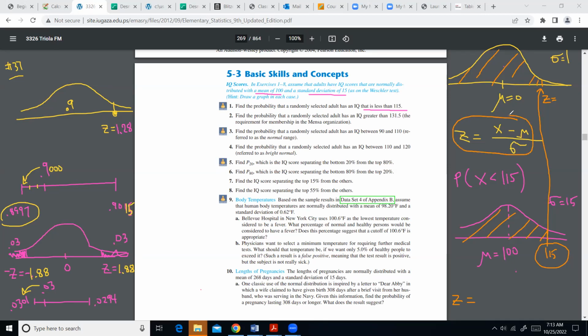For x, I have 115. That's the one that I want to convert to the z-score. Mean is given, it's 100, and standard deviation is 15. So when I subtract 115 and 100, I get 15, and I divide by 15, and I get 1. So the z-score that corresponds to this particular question equals 1.